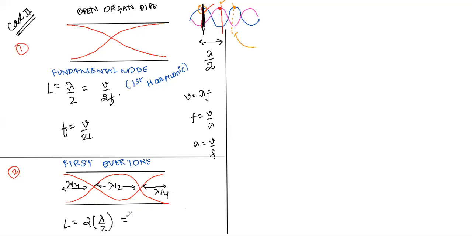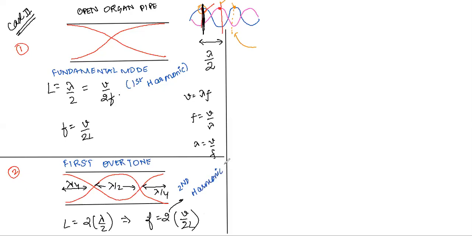Therefore, V is equal to 2 times, or more importantly, let us write here F is equal to 2 times V by 2L, correct? Yes, sir. So what kind of harmonic should it be? Second harmonic. Very good. So we have this as the second harmonic.